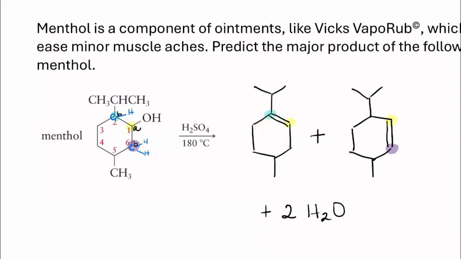While the alkene on the right, these two carbons are surrounded by one carbon chain and another carbon chain. Since the molecule on the left has more carbon chains on the alkene, this is the major product of the reaction. And then the molecule on the right is the minor product of the reaction.